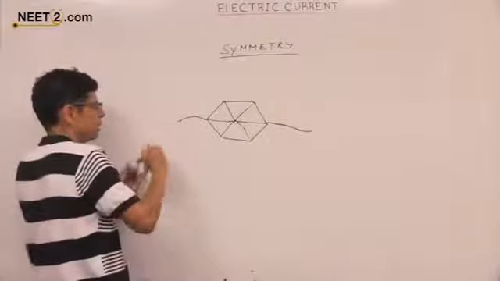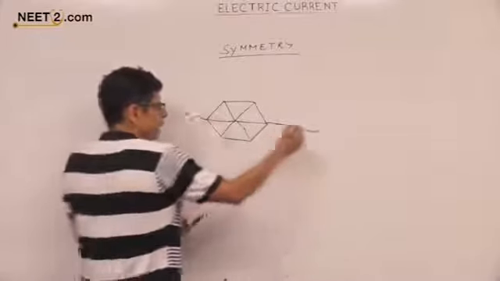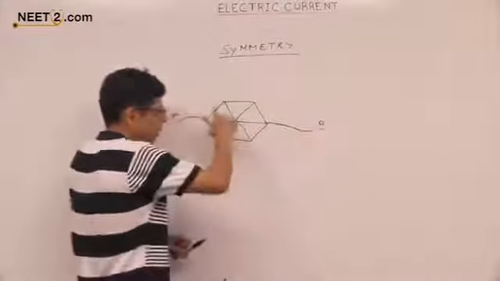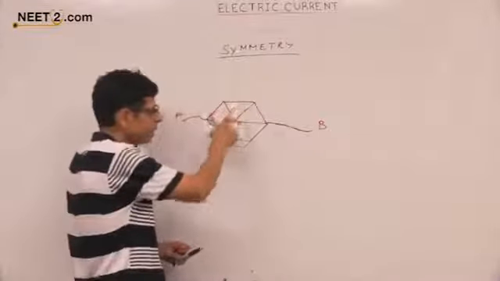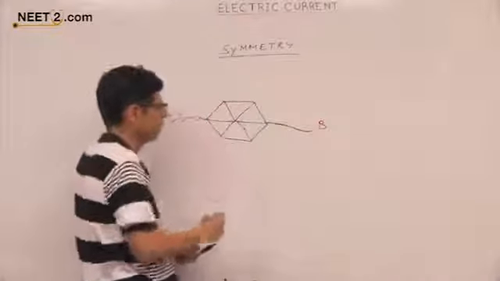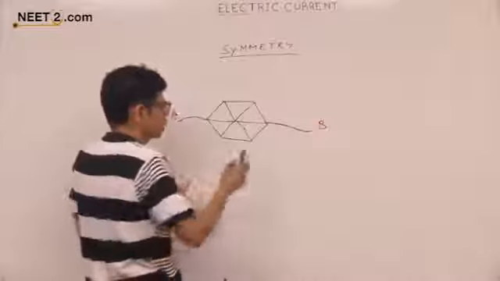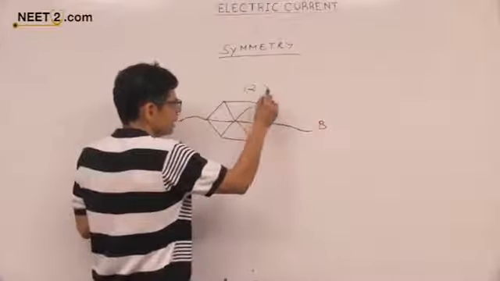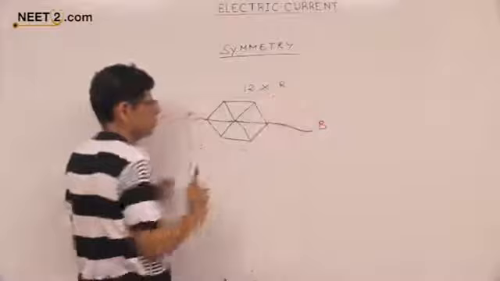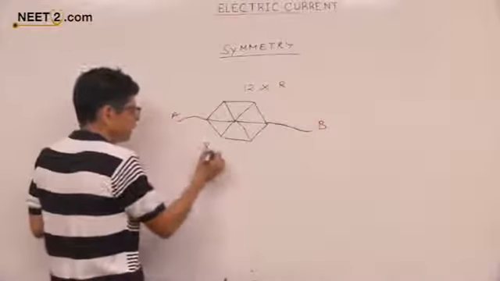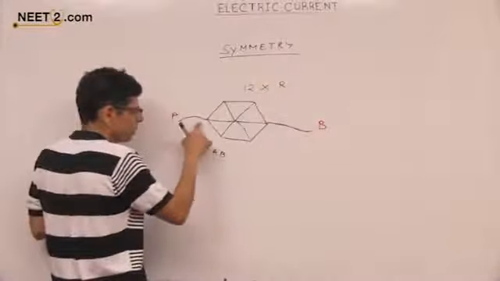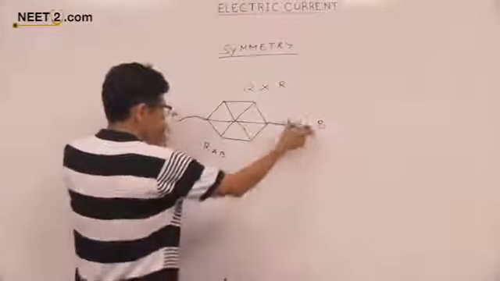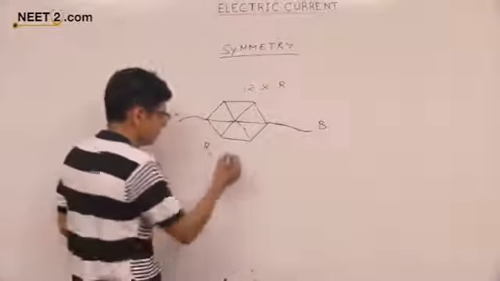And this is A and B, and these 12 wires in the hexagon, 6 on the sides and 6 radial wires, all of them have resistance R each. So 12 wires, each of resistance R. Okay, and we have been asked to find out RAB. This is copper wires, it has no resistance. So between A and B, what is the resistance?